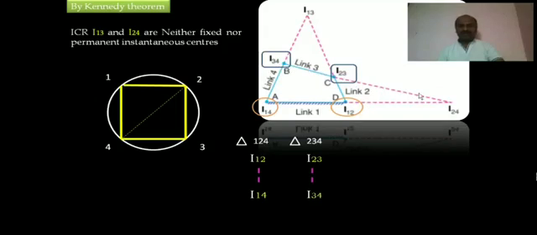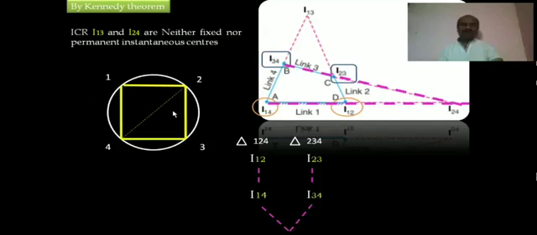After extending, you can observe the first line is extended, that is I12, I14, and the second line is also extended, I34 and I23. The intersection of these 2 lines gives us the instantaneous center I24.